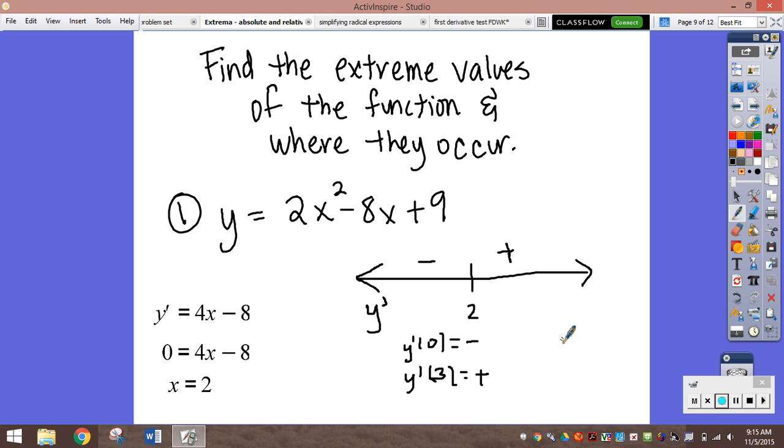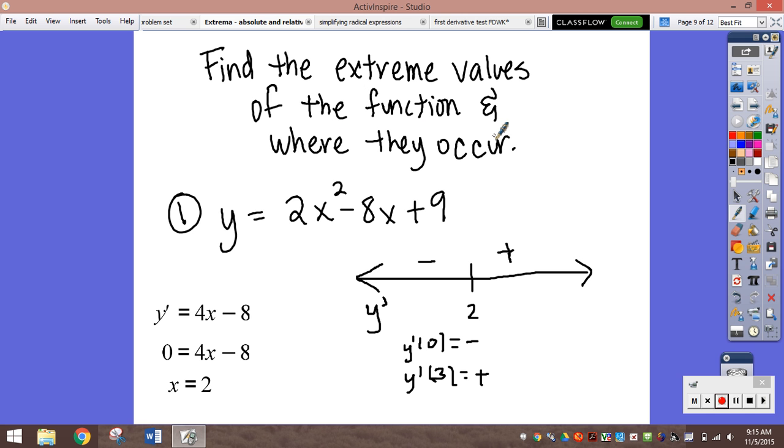So if they ask me to determine the intervals of increase and decrease, I can do that using the sign chart. I can also determine extreme values based on the first derivative test because it's changing from negative to positive. And according to the first derivative test, that means that at x equals 2, I have a relative minimum.